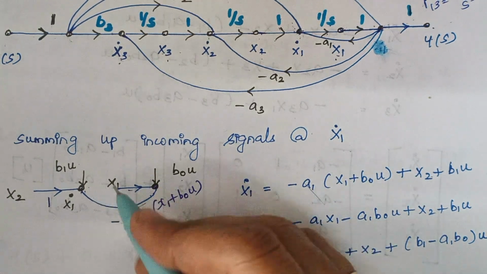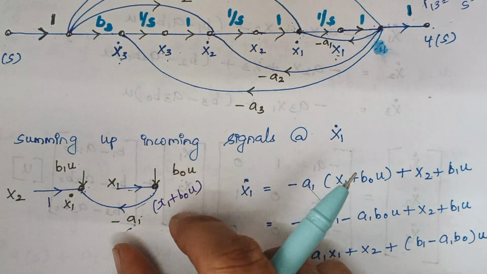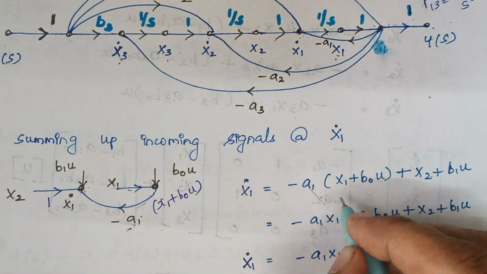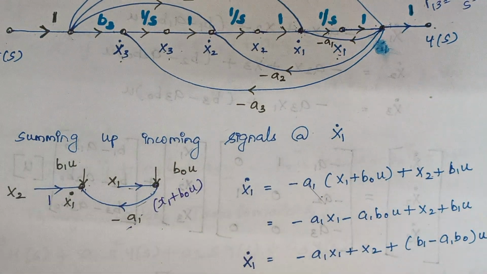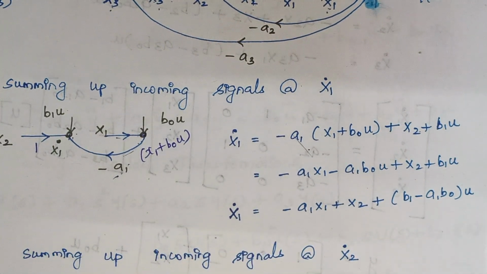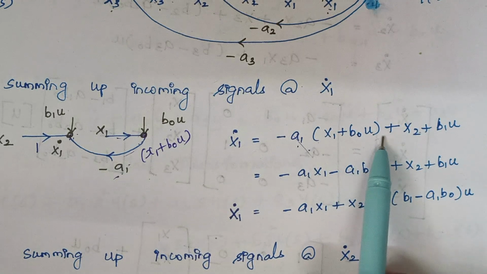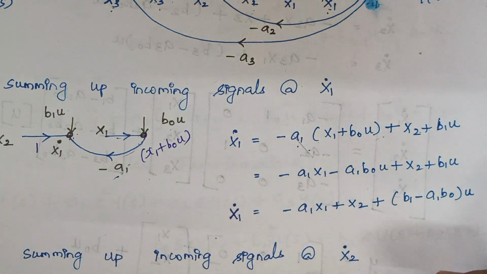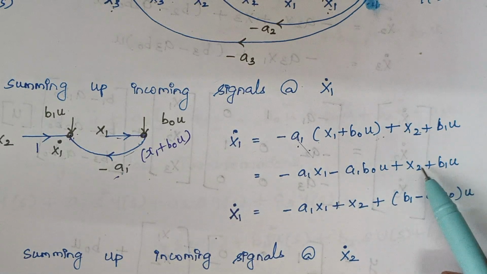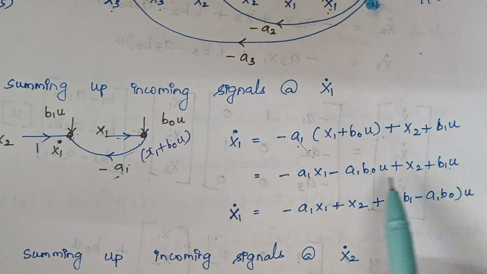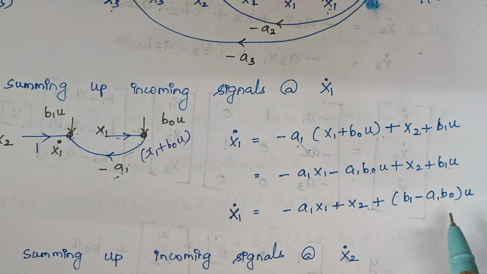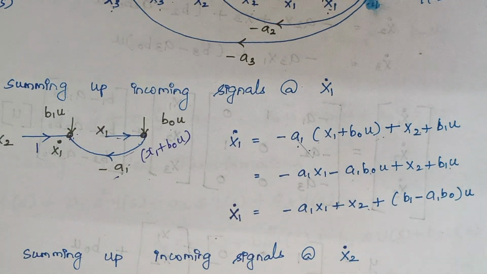The gain in this path is minus a1. So when you multiply minus a1 into x1 plus b0u, you again have to multiply this minus a1 with the things inside the bracket. After multiplying, we are combining the similar terms, a1 x1 and this x2, and these two terms both have u, so we are taking u commonly outside, that's it. So finally we had framed an expression for x1 dot.